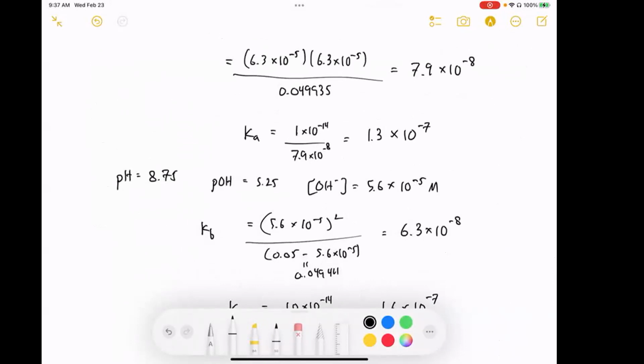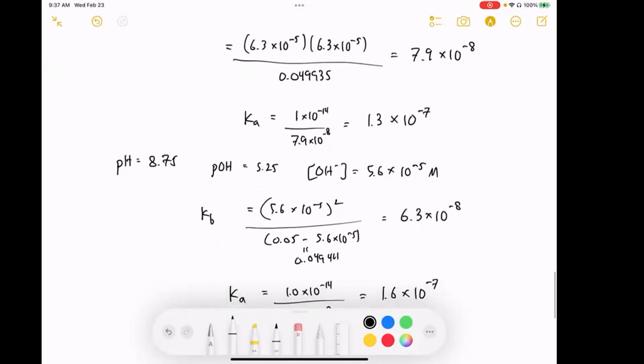5.6 e to the negative 6 squared divided by 0.04944.